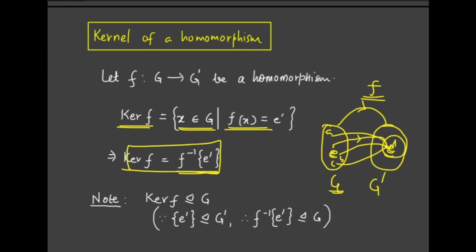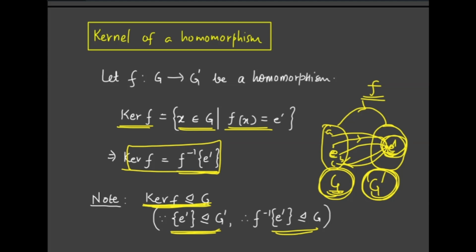And one thing we can see is that the kernel is a normal subgroup, because {e'} is a normal subgroup, being the identity element, and we have just seen in the properties that the pre-image of a normal subgroup is also a normal subgroup. So {e'} is a normal subgroup in G', therefore the pre-image of it will be a normal subgroup in the group. Right? So the kernel will be a normal subgroup of the group.